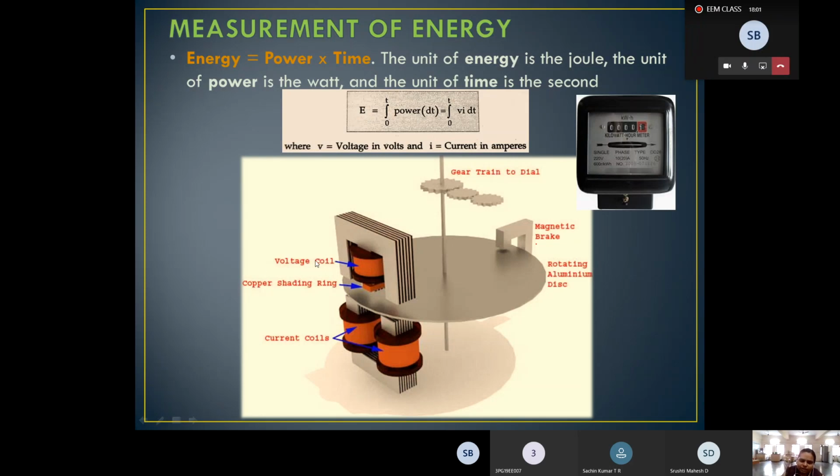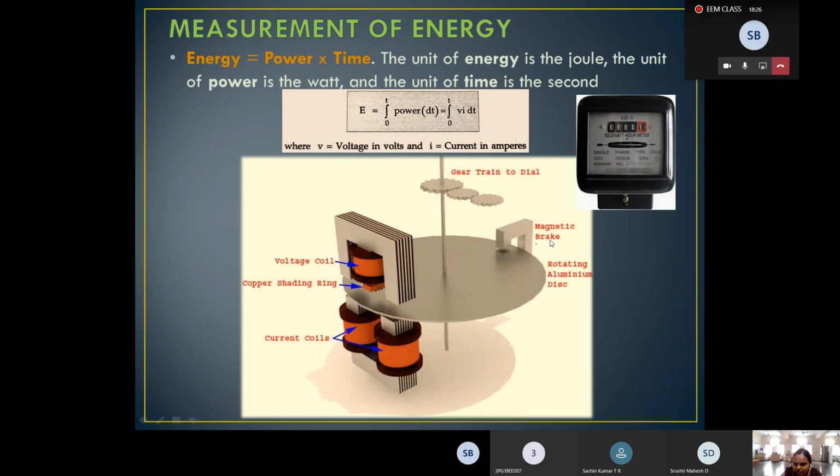This is the voltage coil, these are the current coils, and this is the copper shading ring. This is the gear train to the dial, where the meter reading is shown, which rotates the disc.